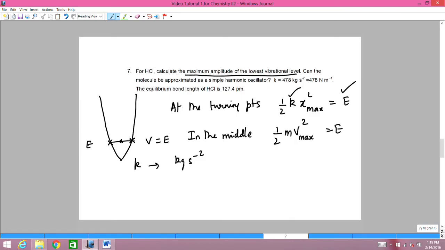Therefore, you can calculate E, the equilibrium bond length is given, and in order to calculate E, you also need the vibrational energy in the ground state. Therefore, you need as an input vibrational energy in the ground state.